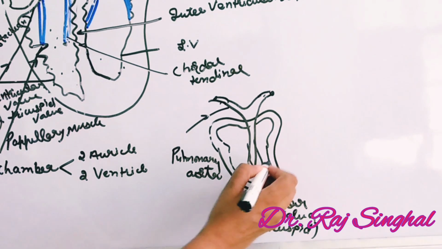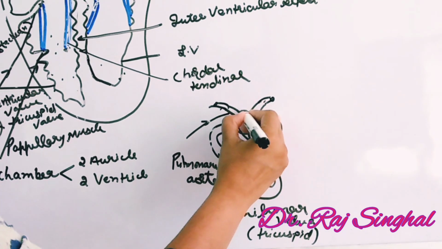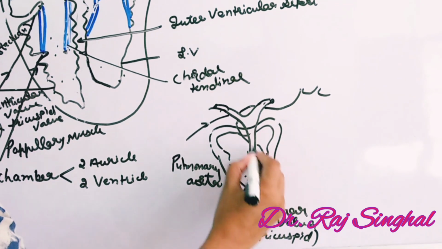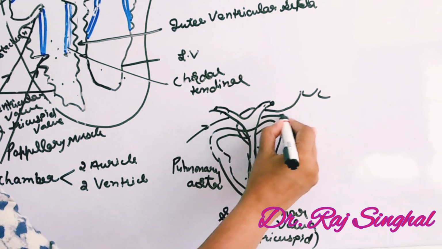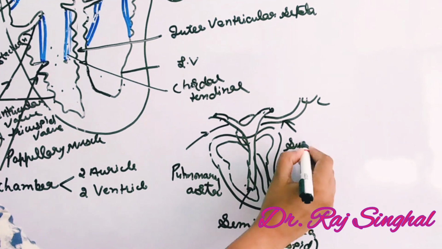From the left ventricle arises a loop-like arch which is known as the systemic aorta.